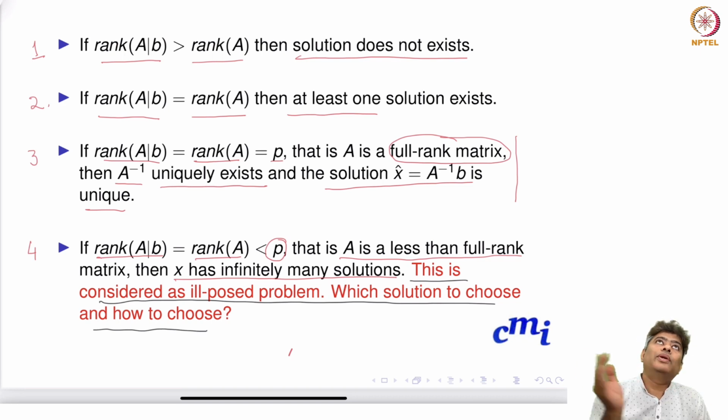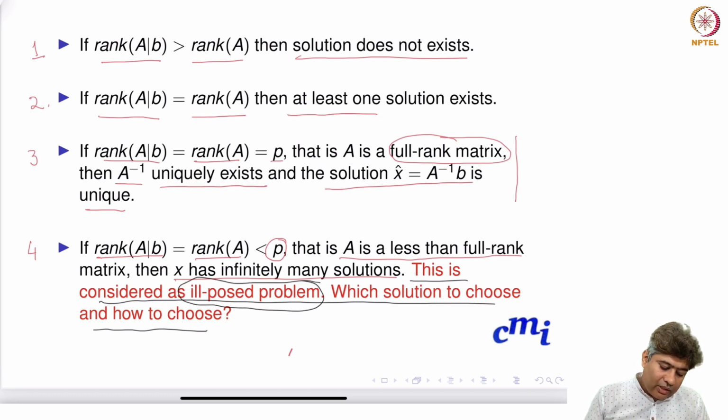Effectively you are saying that every possible value on the real line could be a solution. If you have infinitely many solutions, that is not really helpful. This kind of situation is called an ill-posed problem, and we will often face these ill-posed problems.